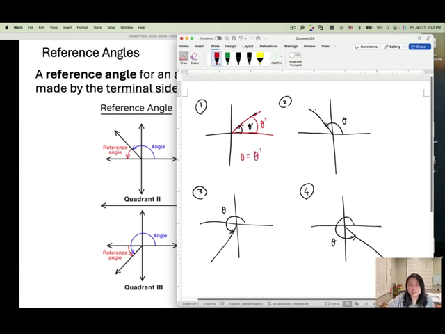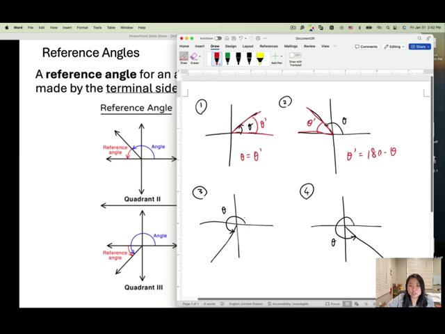Second case, when your theta is in quadrant 2, the reference angle will be formed by the terminal side and the x-axis. So this one is the reference angle, and it will be 180 minus theta.